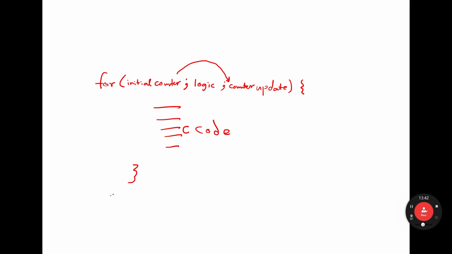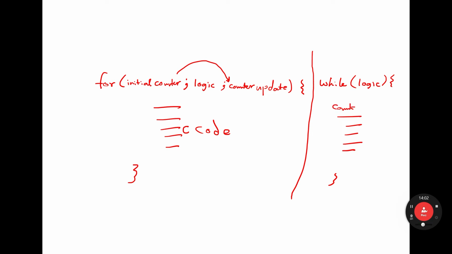Now what is the difference between the for loop and the while loop? The while loop is doing like this. The while loop will be while, and then there will be some logic here, same as this logic. Then open and close braces, and inside the code, maybe you will have some counter, and at the end you update the counter.